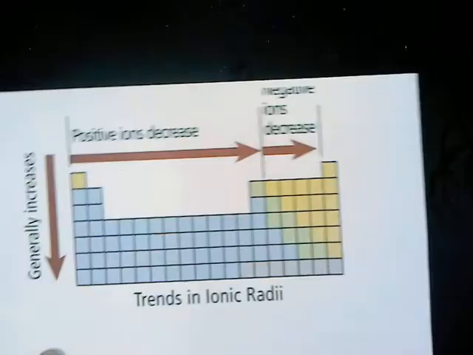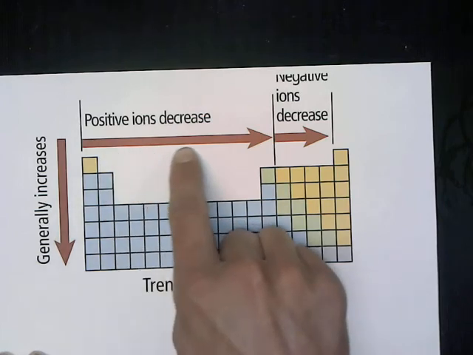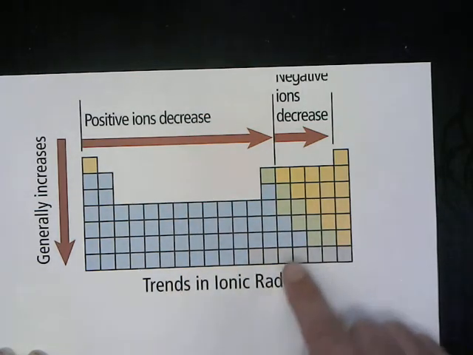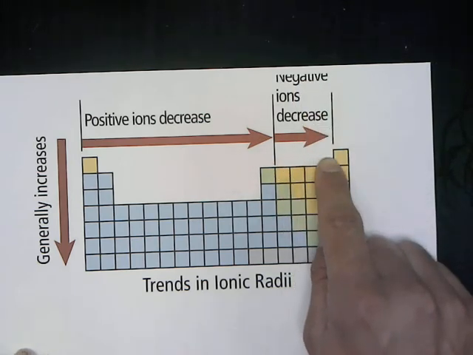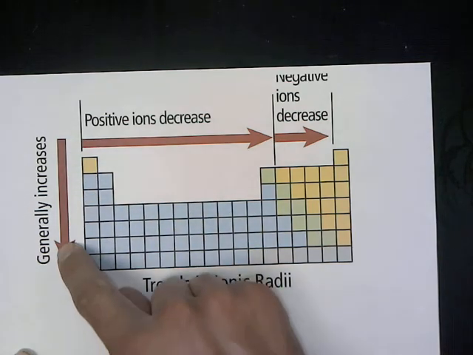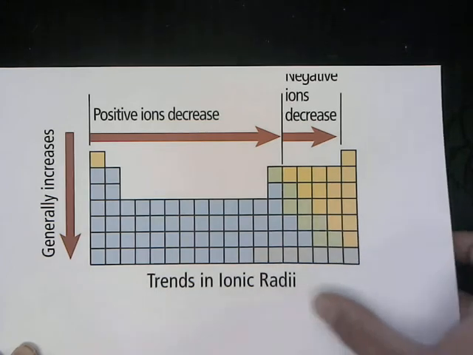Now, ionic radii, remember, losing or gaining electrons. Positive ions from left to right, they decrease in that ionic radius size. Negative ions also decrease from left to right. As we move from top to bottom in a group, the ionic radius is going to increase.